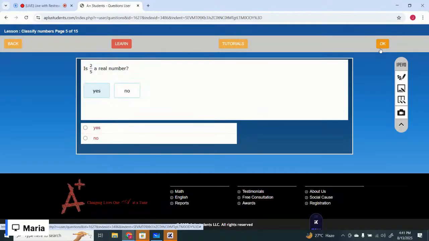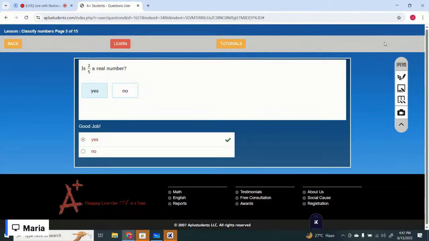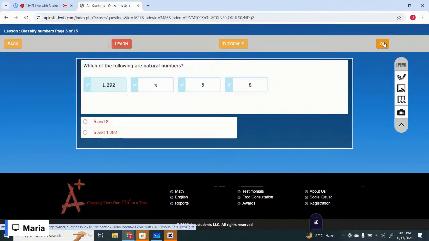Is 2 by 5 a real number? Yes, it is. It would be a real number. Which of the following are natural numbers? 1.292, pi, 5 and 8.